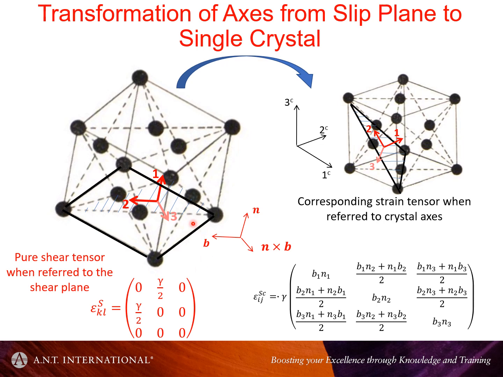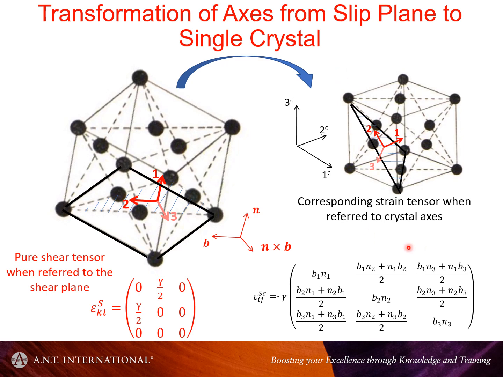So how you would represent this simple deformation in this particular case is by transforming the axes into the axes that represent the crystal, in this case the 1 2 0 directions.